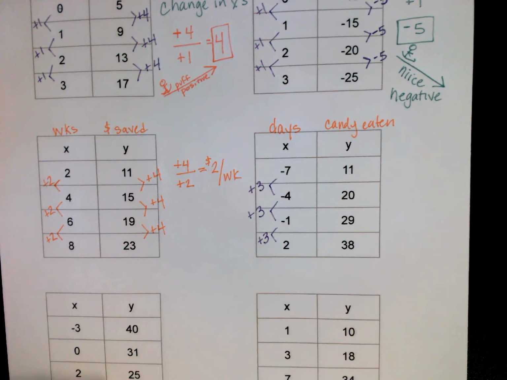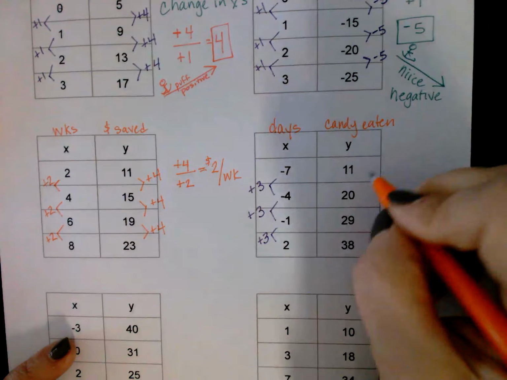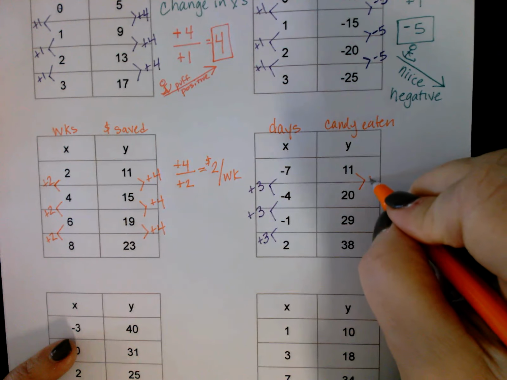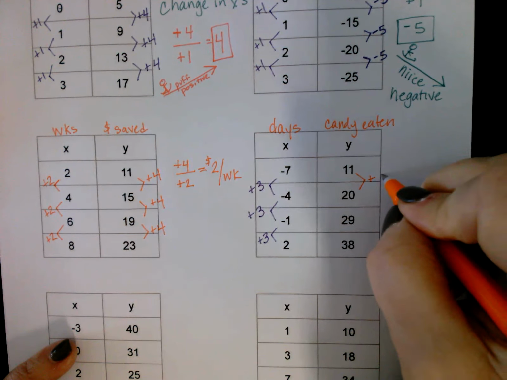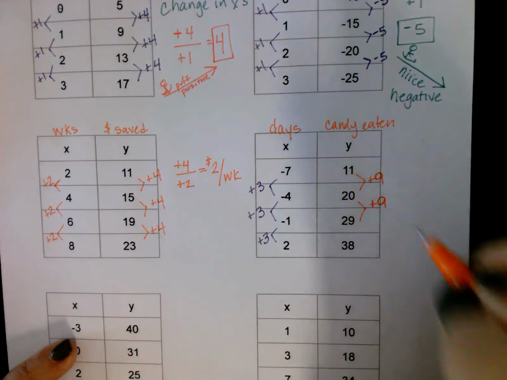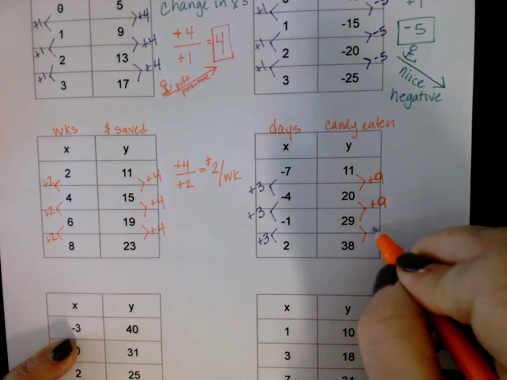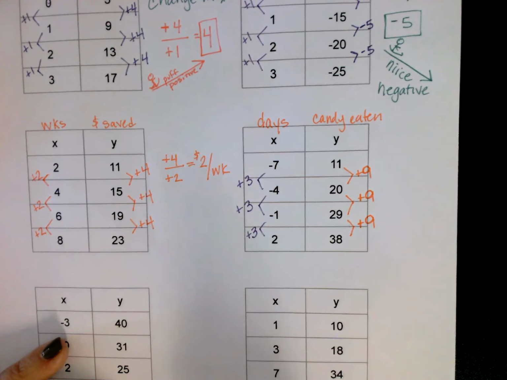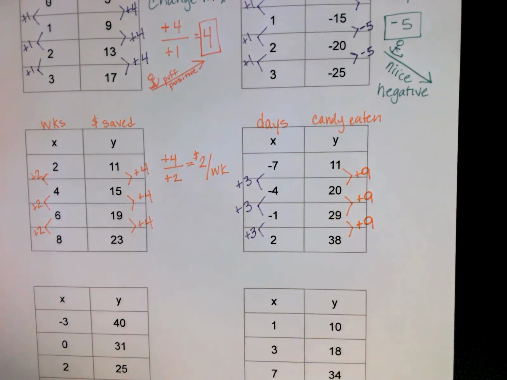Let's talk about the kind of candy and how much this person is eating. On the first day, he was eating +9. And then from here to here, another +9. Here to here, +9. So how many pieces of candy per day did he get?